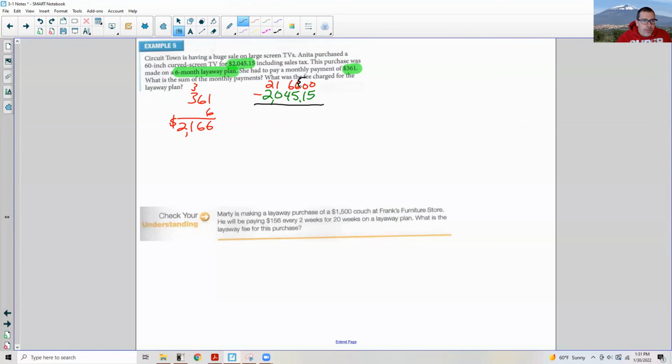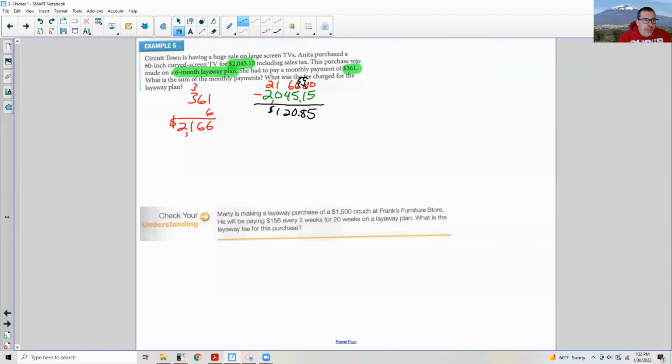So I have to borrow from here, and that makes that a 9, and a 10 minus 5 is 5, 9 minus 1 is 8, 0, 2, 1. So the fee for laying it away was $120.85, but it was a huge sale on large screen TVs.